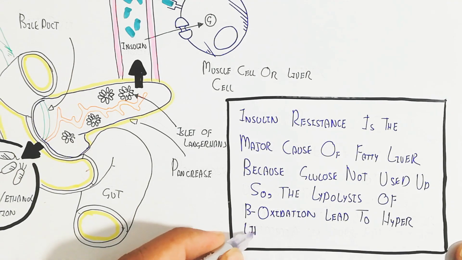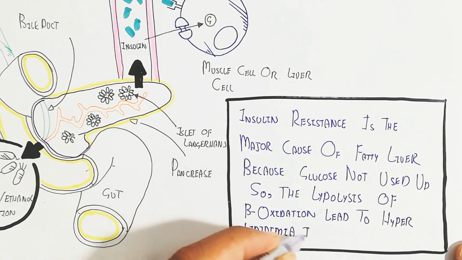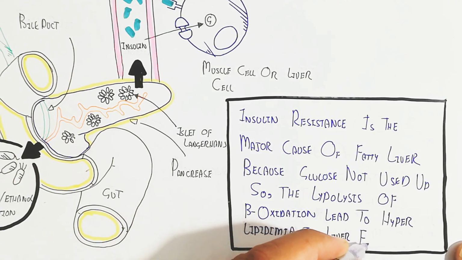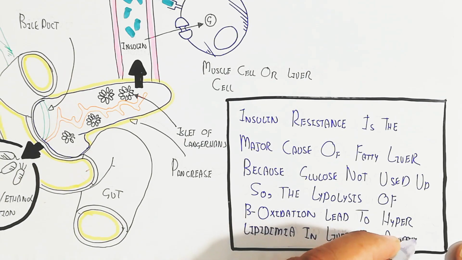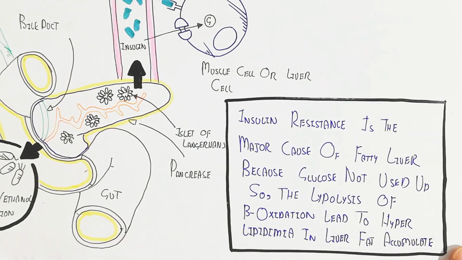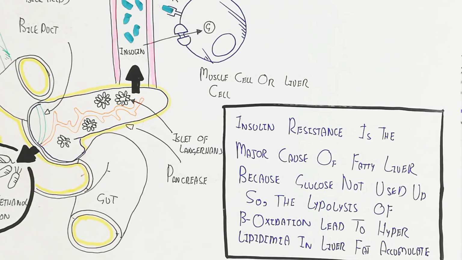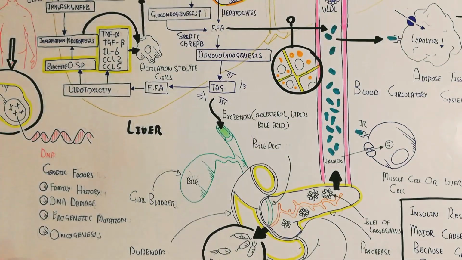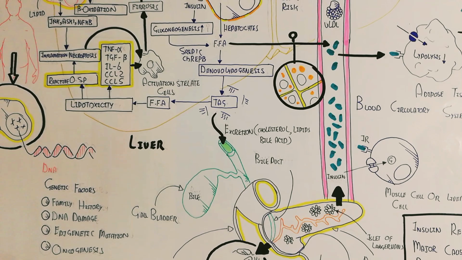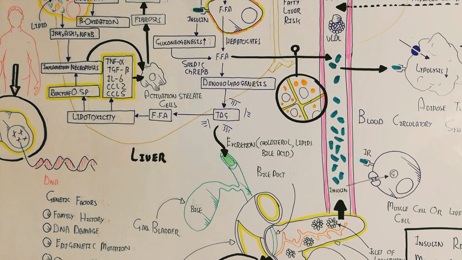The cirrhosis is irreversible, while the inflammation due to autophagy and beta oxidation will lead to inflammation and necroptosis, which will activate the stellate cell, and the activated stellate cell will lead to fibrosis and cirrhosis.